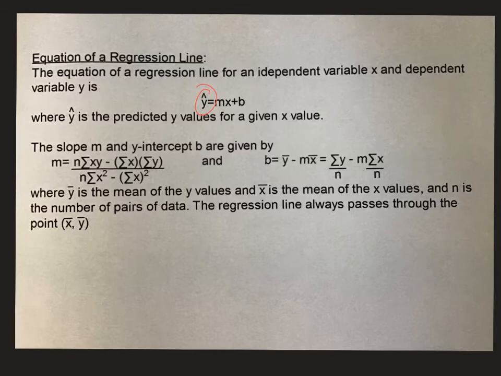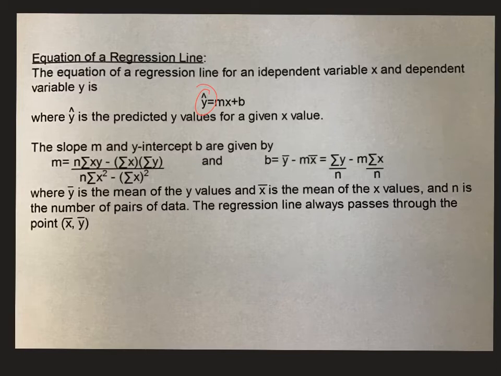We're adding up all our x's, adding up all our y's, multiplying our x and y values and adding those up, squaring our x values, adding those up, all that. So to find your slope, n times the sum of x times y minus the sum of x times the sum of y, all over n times the sum of x squared minus the sum of x squared.